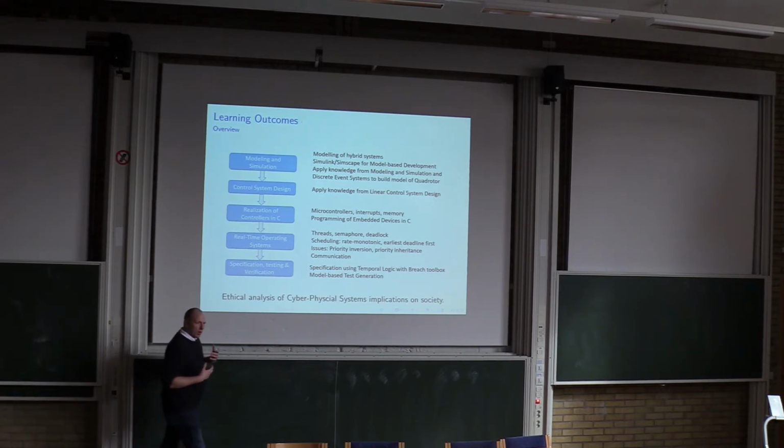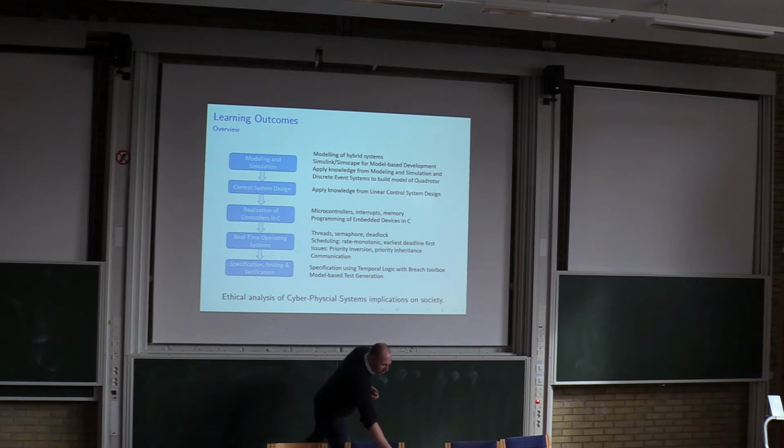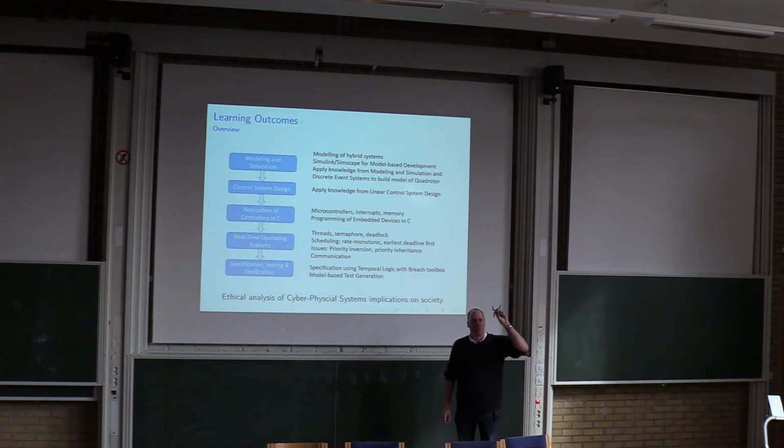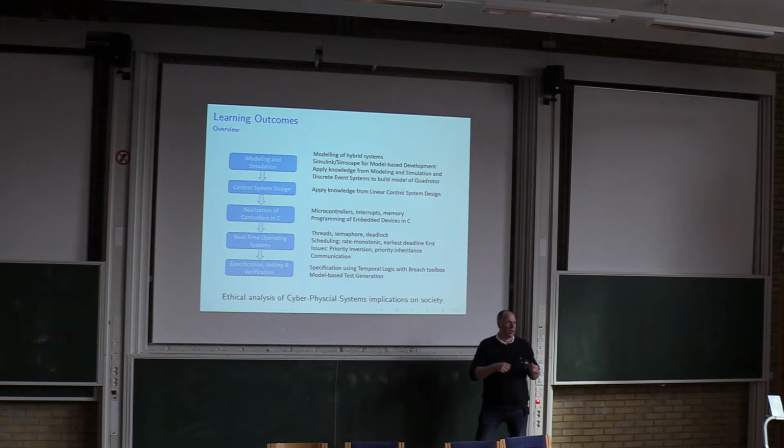We have this physical system, and we will build a model that we can simulate of this system first. It will be a non-linear model. Then you have to linearize it to get the linear model, and then you will apply the knowledge you gain from the linear control system design course.